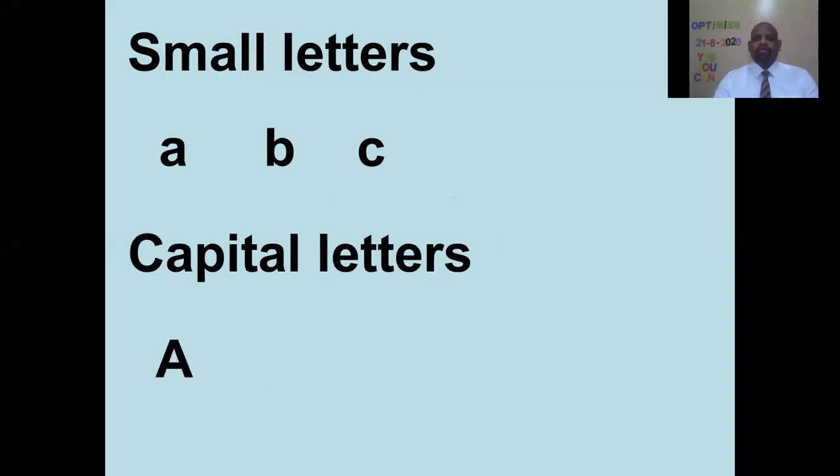Capital letters, like capital A. While in Arabic, we don't have capitals and small. In English, sometimes you need to capitalize, and most of the time you write with small letters.